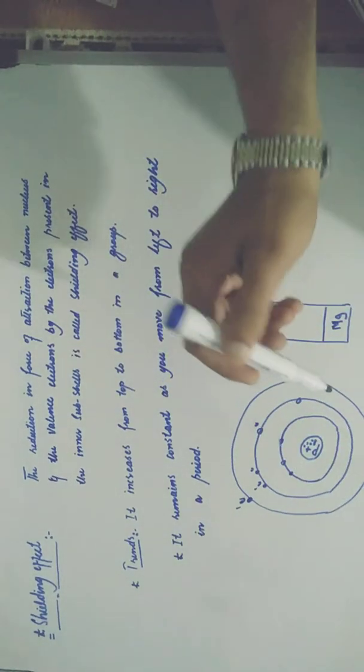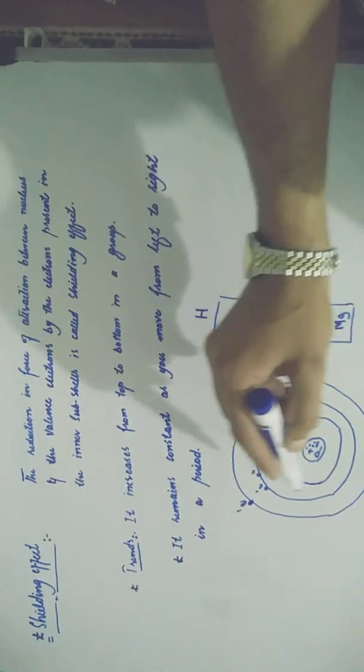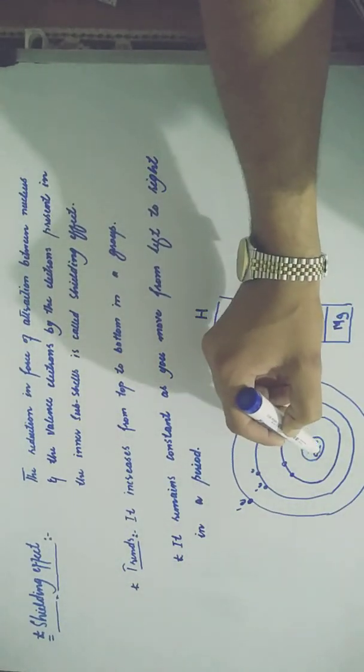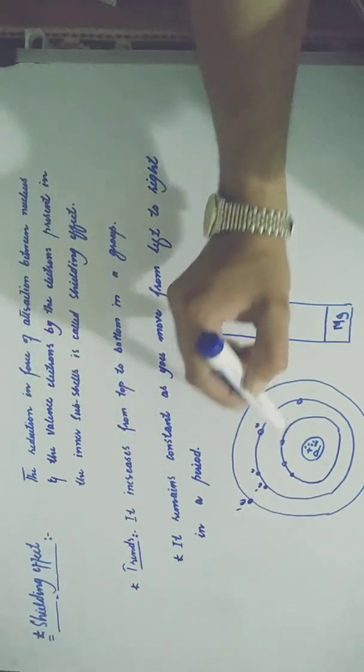Their force will be reduced by these inner shell electrons. And this reduction in the force of attraction between the nucleus and the electrons is called the shielding effect.